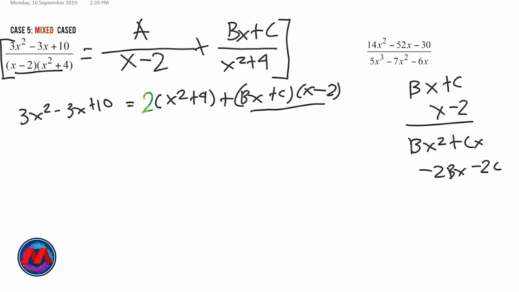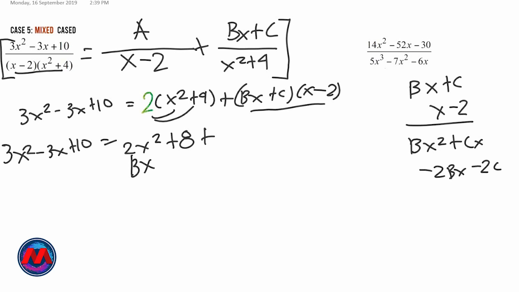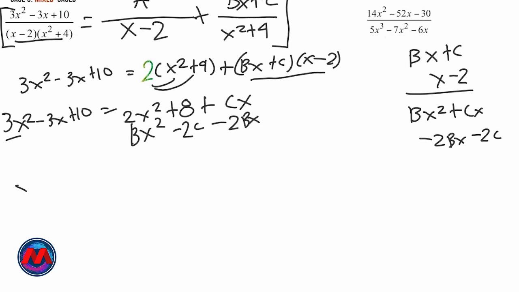So isusulat natin 3x squared minus 3x plus 10 equals 2x squared plus 8, plus bx squared, i-align na lang natin siya as what we did last time, plus cx minus 2bx minus 2c.